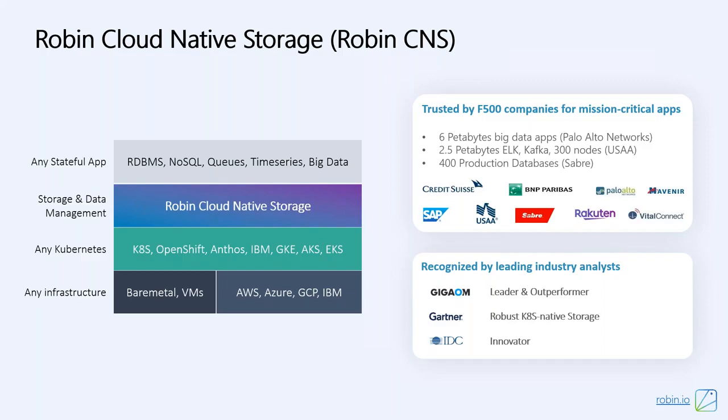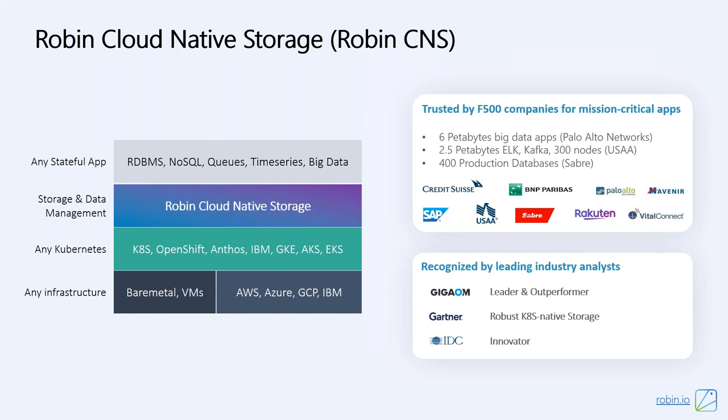Right? Now, if you're looking at a few third-party recognitions, Robin has been recognized as the leader and outperformer for Kubernetes storage by GigaOM. Gartner actually has featured us in multiple foundational notes for Kubernetes as well as cloud native storage. And IDC recently recognized us as an innovator in the Kubernetes storage space.